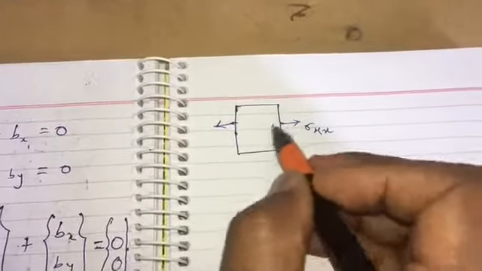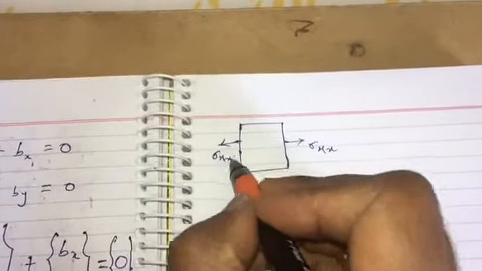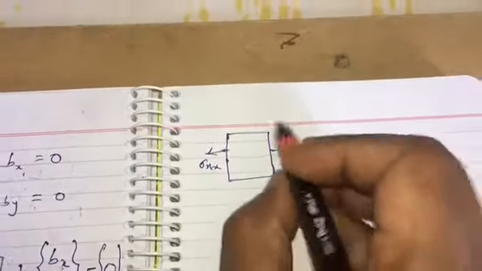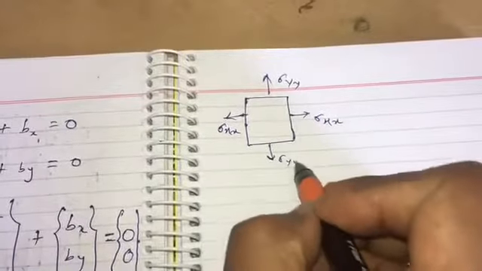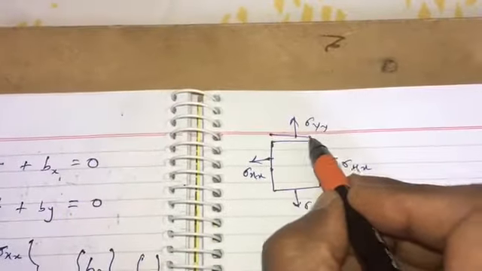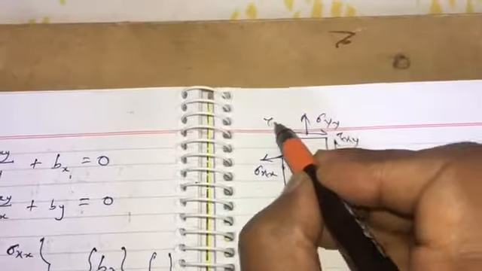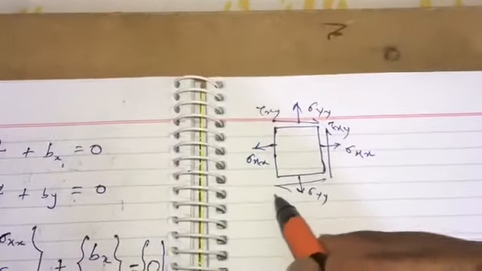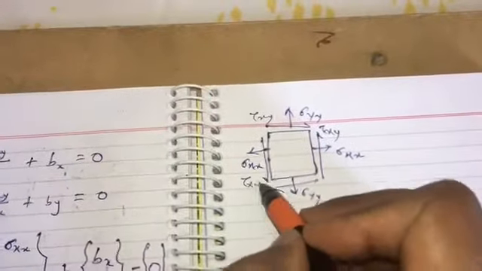Although we are drawing like this, it means at the same point we have sigma xx and sigma yy here, and then we have tau xy, tau xy, tau xy, tau xy, like this.